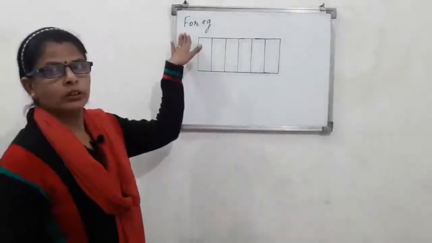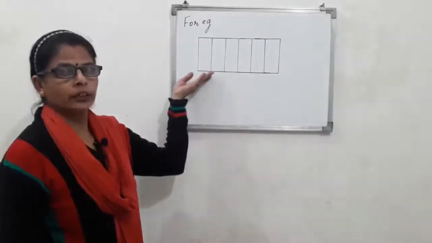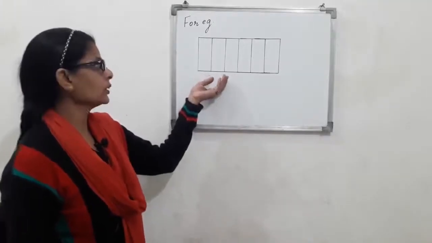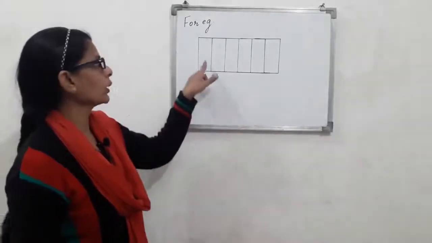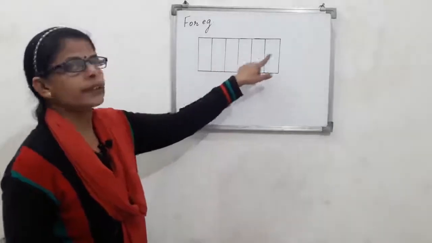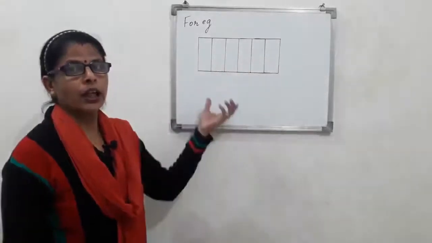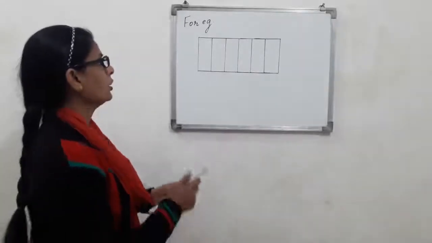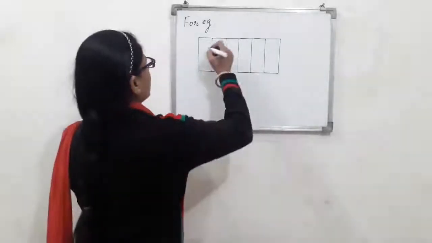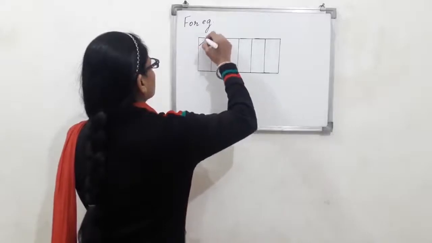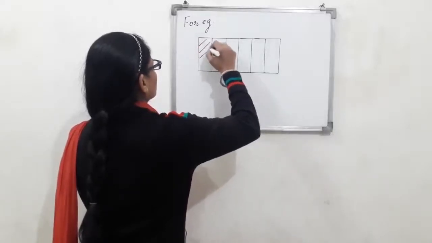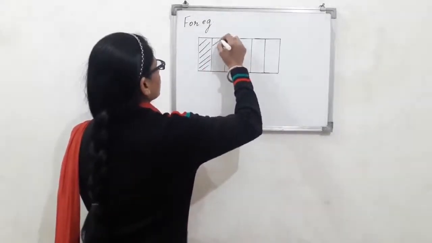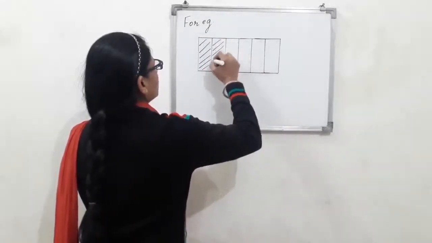For example, I have drawn a rectangle. This is a rectangle and I have divided it into how many parts? 6 equal parts. 1, 2, 3, 4, 5, 6. If I shade two parts in it, any two parts we can shade.